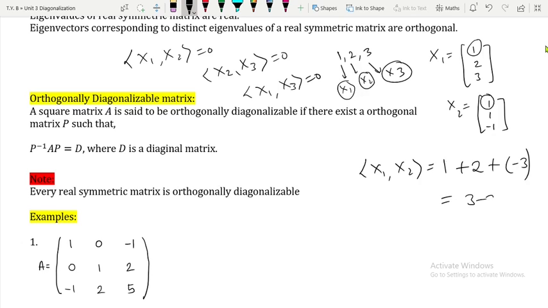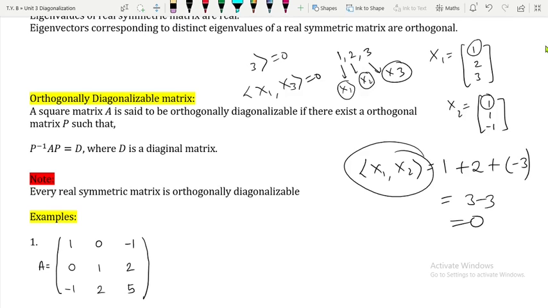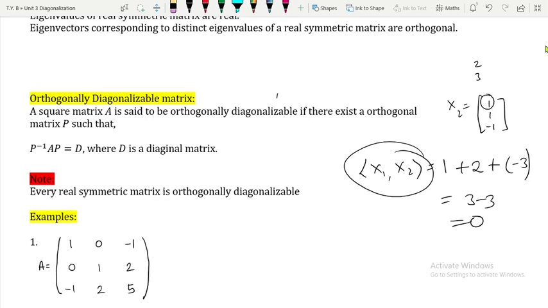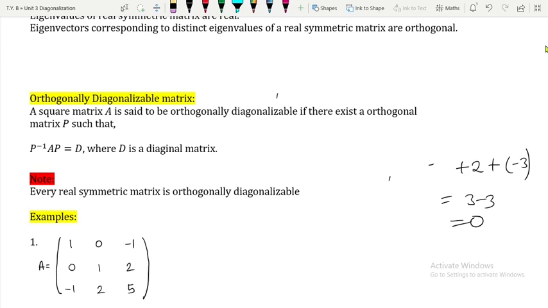This is equal to 3 minus 3, which is 0, and therefore we will say that x1 is orthogonal to x2. I hope you got what I have done here. This is the meaning of the result. Therefore the eigenvectors corresponding to distinct eigenvalues of a real symmetric matrix are going to be orthogonal. Just keep it in mind.